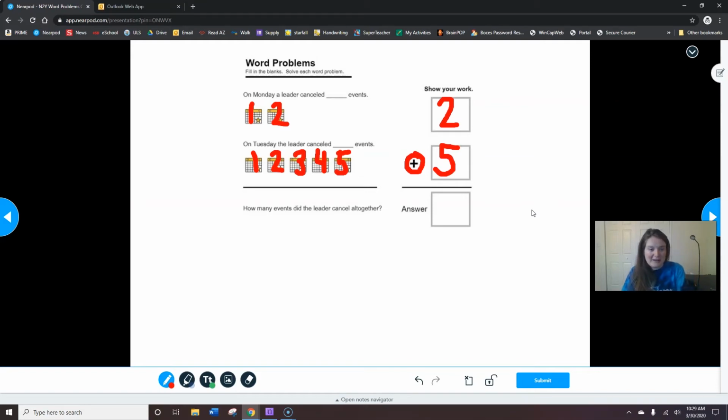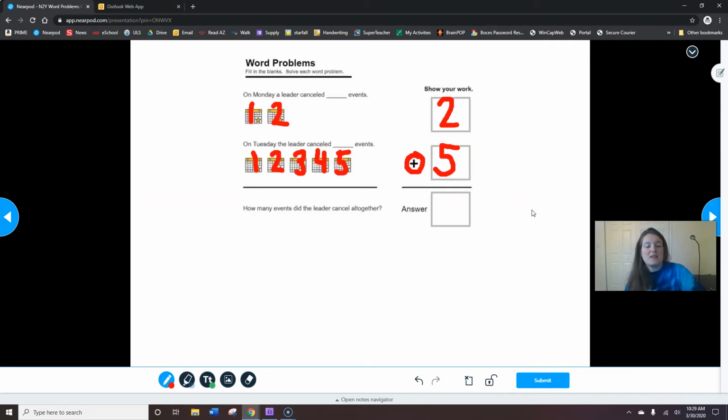Taking after my friend Erin and using pens to add. Okay, so if I'm adding them up, I'm counting all of them together. Ready? 1, 2, 3, 4, 5, 6, 7. There are 7 altogether.